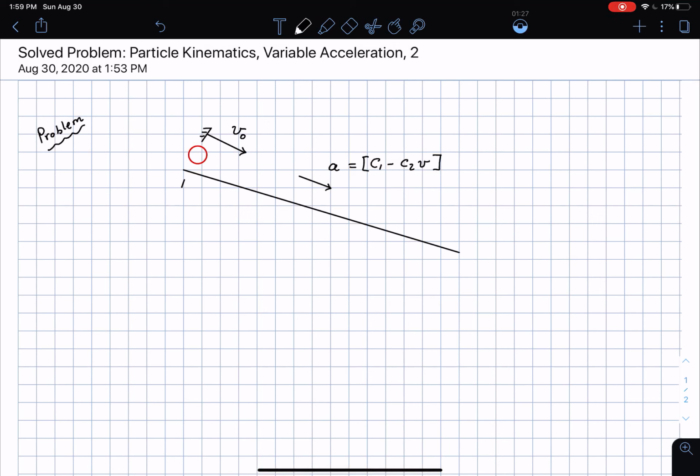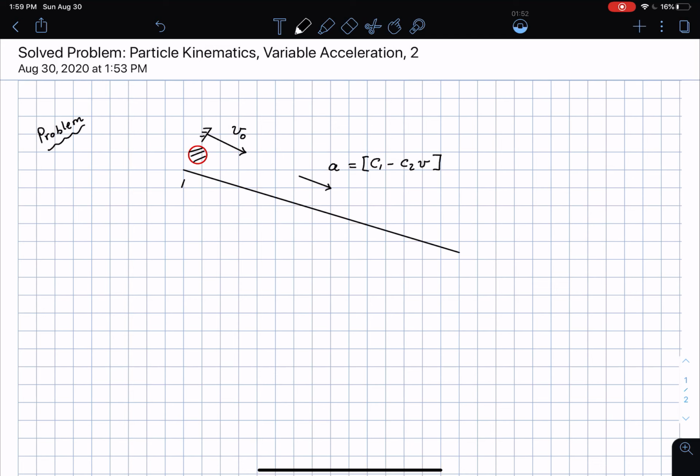This essentially tells you that the acceleration of the particle is a function of the velocity of the particle. This is something that we discussed in one of our online meetings. We said that if the acceleration contains a velocity, then there is some kind of a drag force that is acting on the particle, and it's trying to reduce its overall velocity.